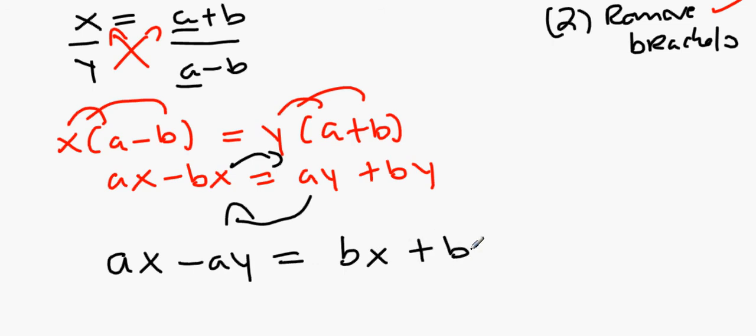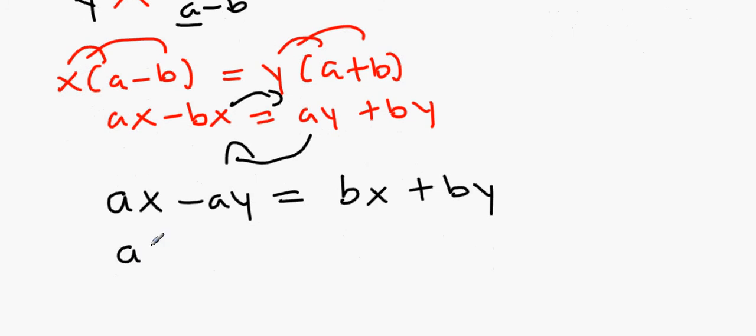Now the problem is we have the a's on one side, but there's two of them. To turn two of them into one, we factorize. So a into x minus y equals bx plus by.